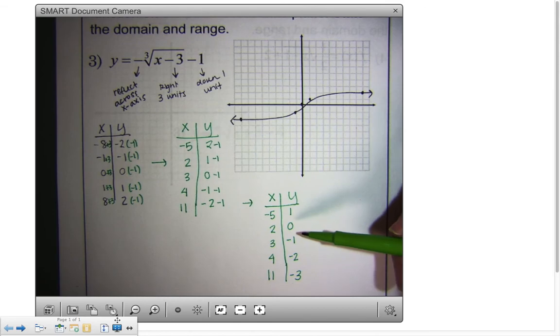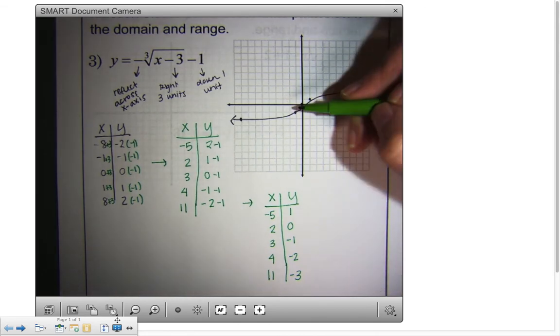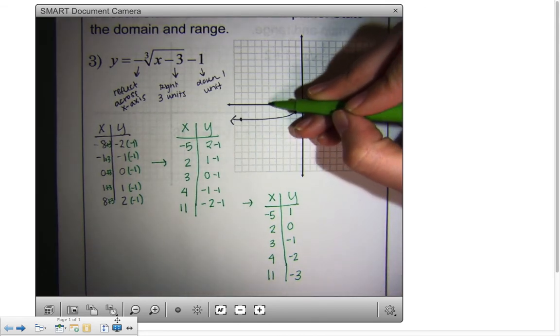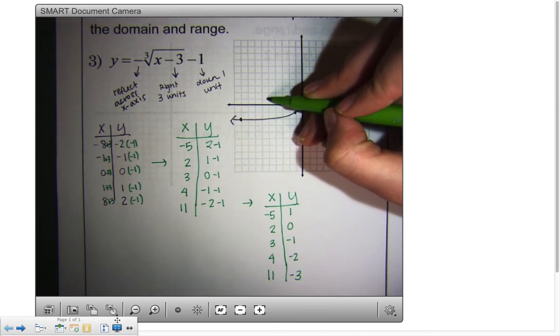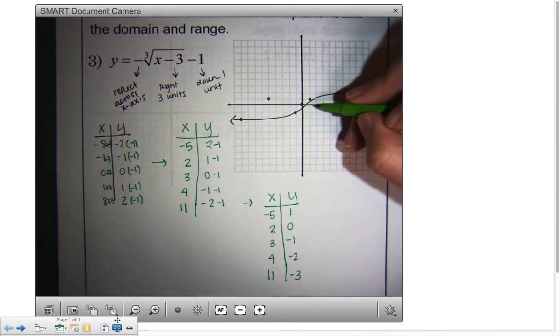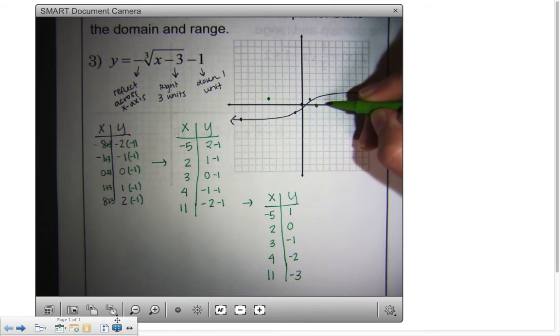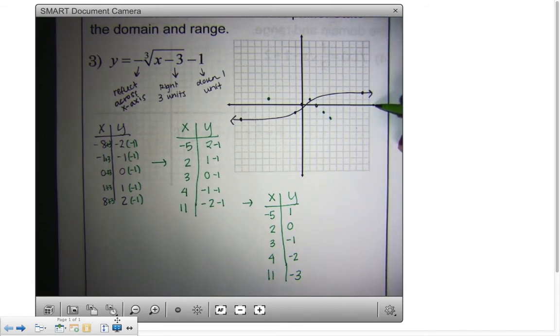So these are my new points that I'm going to plot. We've got negative 5, 1. Two, 0, 3, negative 1, 4, negative 2, and 11, negative 3 is a little bit off my graph.